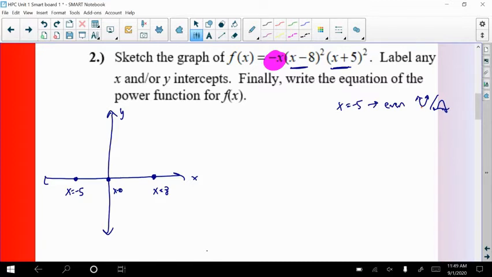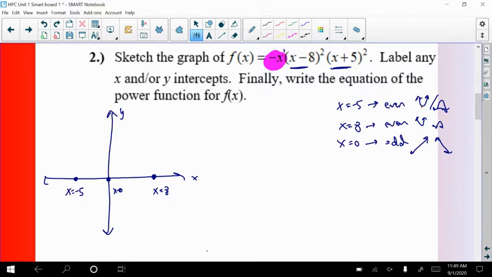When x is 8, my multiplicity is also even, so again, it's either opening up or opening down. And then at x equals 0, my multiplicity is odd, understood as 1 being the exponent. Remember, odd is going to intersect one way or the other. Since this is linear, a power of 1, it's not going to have that little squiggle in it. It's just going to go straight through, top to bottom or bottom to top.